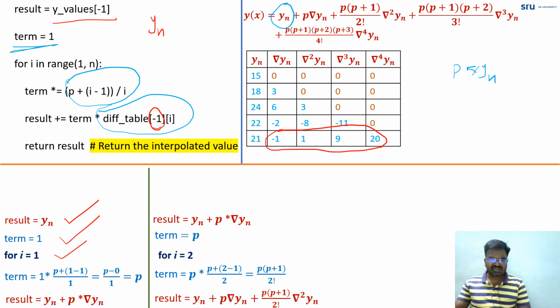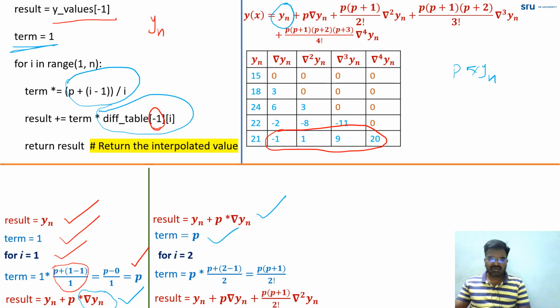Initially it is 1, and we are multiplying it with a new value, and this is the new term. We multiply this new term with the backward difference, then we add this term to yn. So this is the updated result. At I equal to 1, we updated the result and term. These are the updated values.